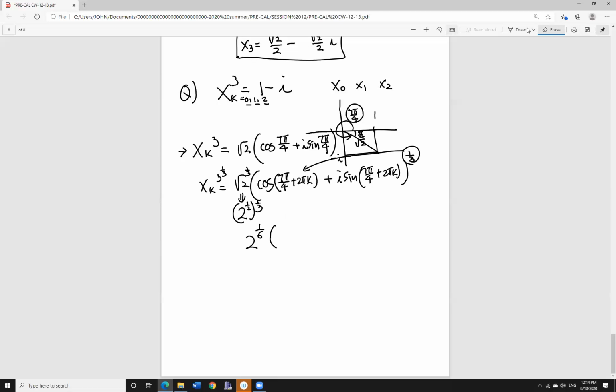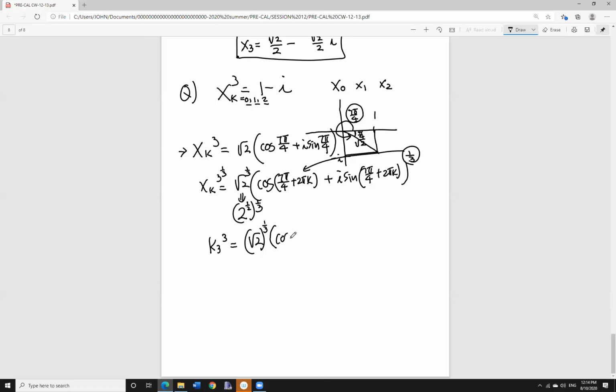Okay, one more. Still x cubed. This is still 2 to the 1/2, I'm not going to change it right now. This is still root 2, but the exponent 1/3 moves inside.